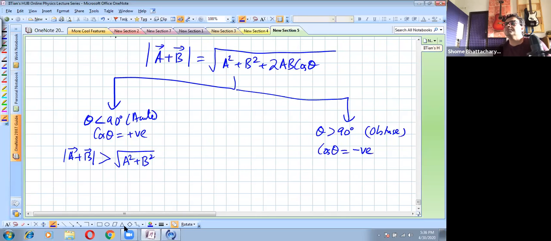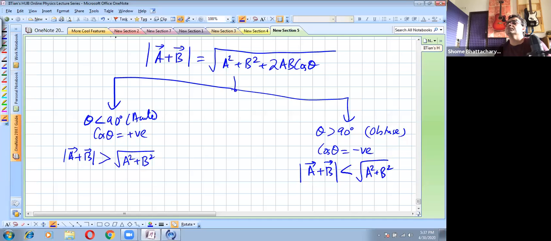So now, inside the square root, you have a square plus b square plus 2ab into a negative quantity. So this quantity, 2ab cos theta, is subtracting from a square plus b square. As a result, the resultant of a and b has a magnitude mod a plus b, which becomes less than square root of a square plus b square.